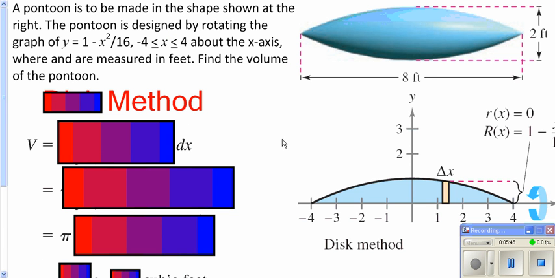So let's take a look at this one here. We're going to look at this with our horizontal axis and our vertical axis, and we have our curve of 1 minus x squared over 16. Now, this one is going to be easier if it's worked out using discs. You can see that down here.